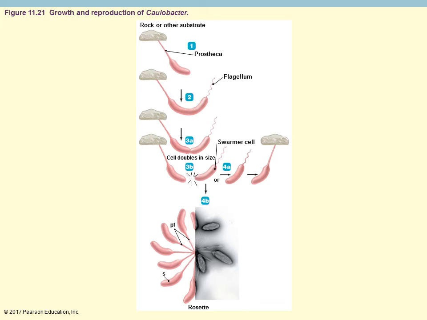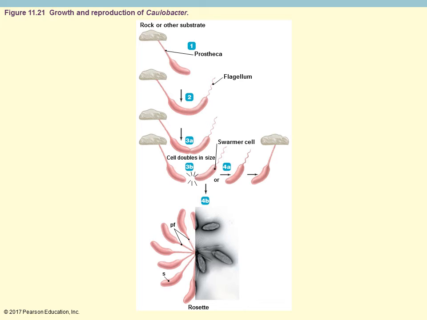Caulobacter is kind of unique in that it forms this unique shape that we saw earlier. It has a flagellum on one end that helps it to move through the environment. It's sometimes found in aquatic systems. And the prostheca allows it to stick to typically rocks.